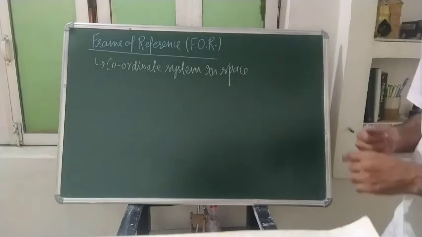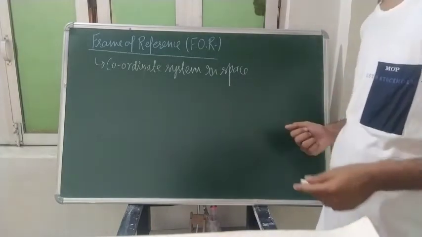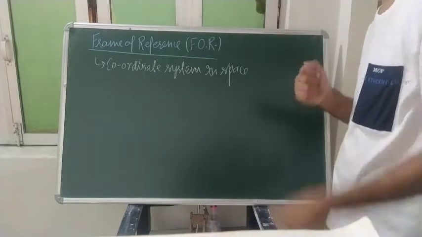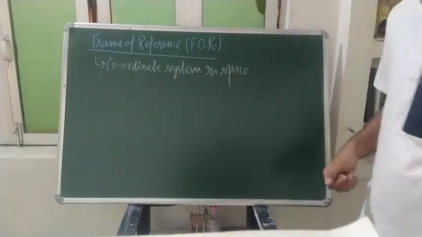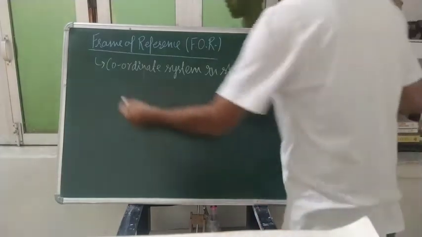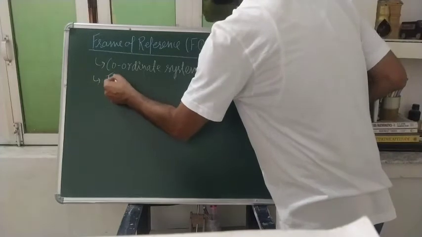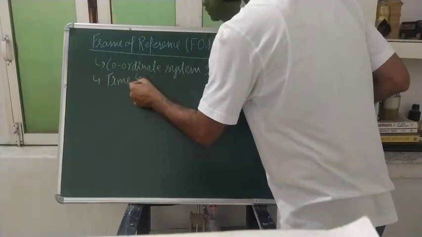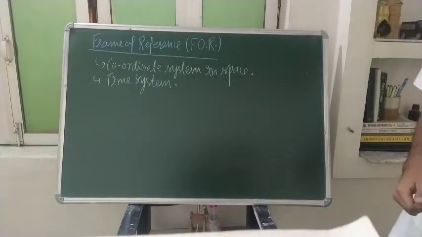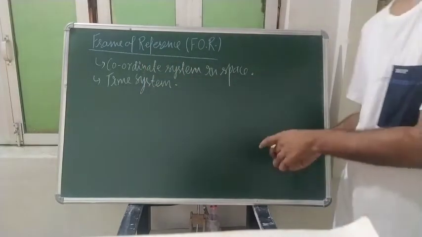Coordinate means that we are all aware that we have an x coordinate, y coordinate, and z coordinate. That coordinate system in space, along with the time system, we can say is our frame of reference.